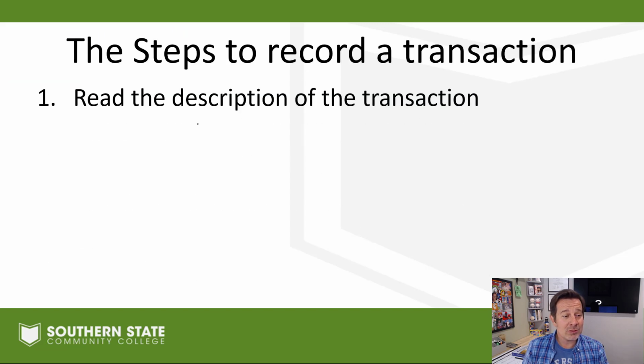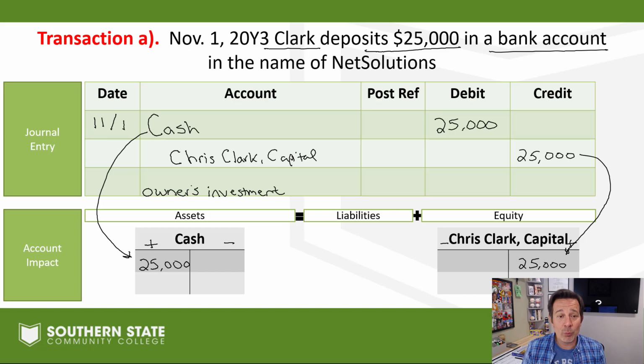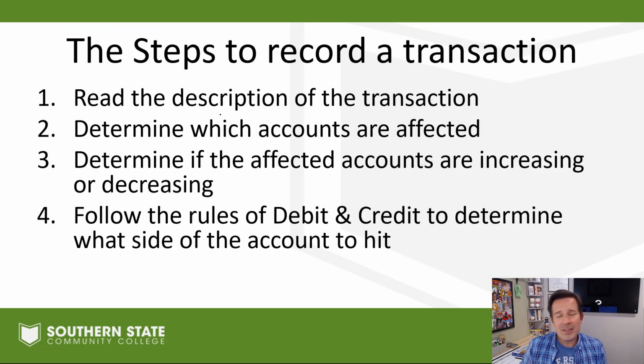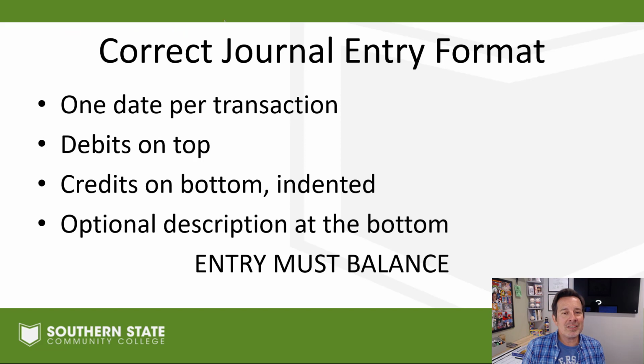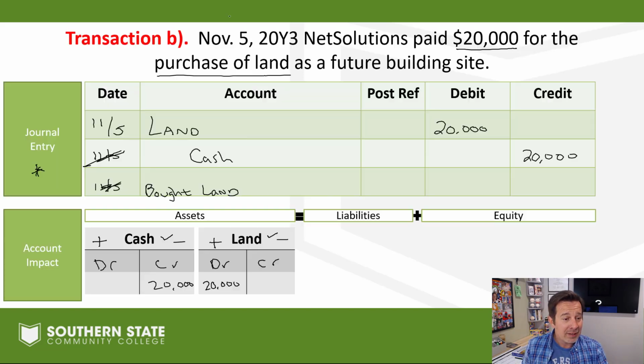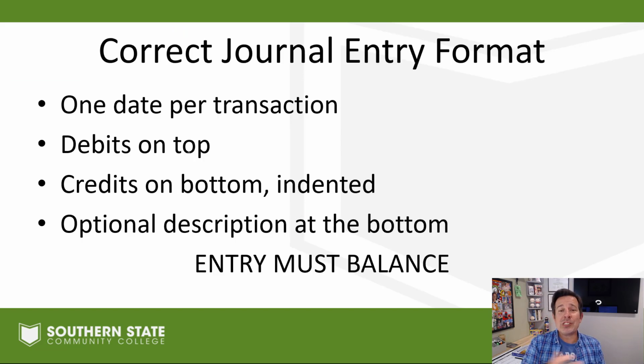On both of those transactions that I've done, the debit went on top. Not a law that says you have to do that. It just makes it easier to read. It's convention. It's best practice. We put the debits on top, we put the credits underneath, and we indent them. Again, makes it easier to read. Debit, credit on the bottom, indented, easy to read. Optional description at the bottom, and then the biggie, the entry has to balance.